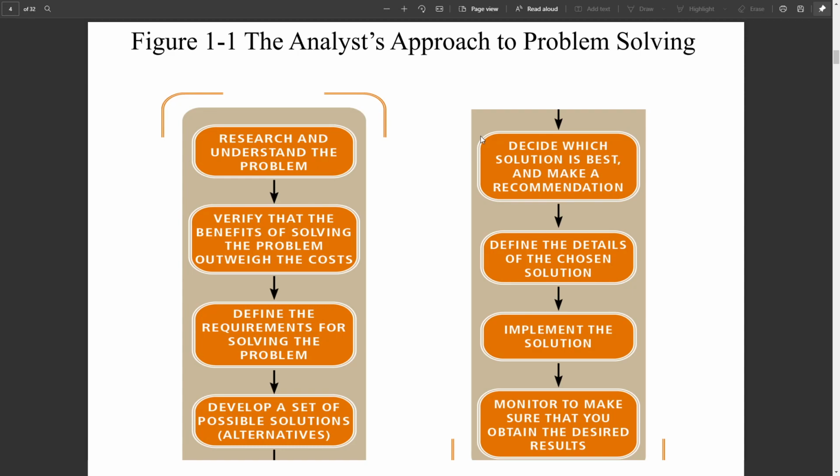Kapag may dumating ng mga bagyo, mga earthquakes, kahit mga paglakas na ulan, may iba na kahit konting lindol lang, naaapektuhan na yung structure ng bahay, konting ulan lang, matutulo na yung tubig galing sa atip, mga ganun. So that's what we mean here. We monitor to make sure that we obtain the desired results.